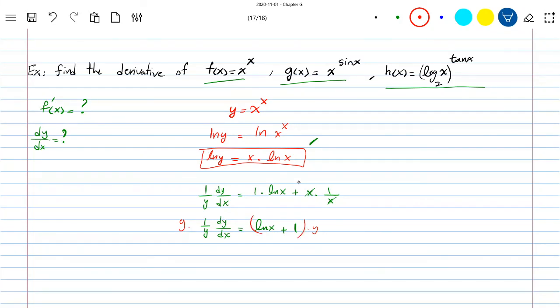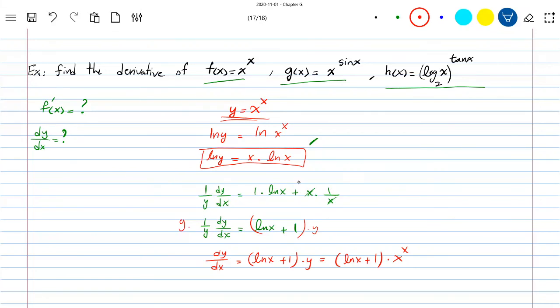What we get is dy over dx equals (ln x plus 1) multiplied by y. Now what is y? The derivative should be independent of y, a function of x only, and y was originally x to the power x.